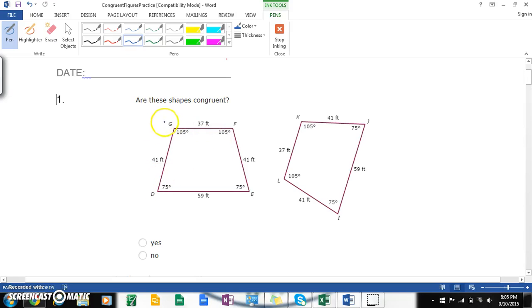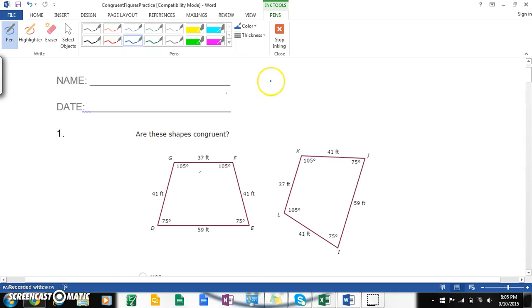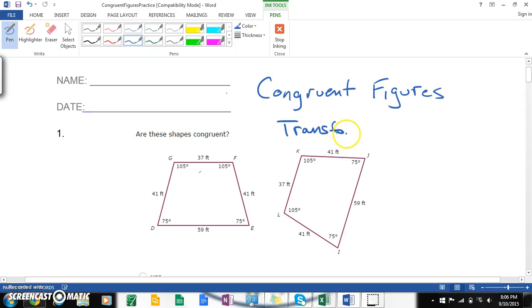Okay, we're going to go ahead and start the walkthrough on this activity. We're focusing on congruency, congruent figures, and transformations.